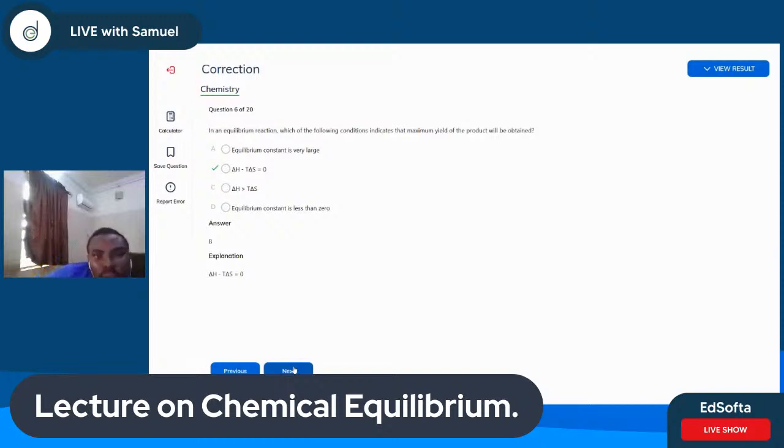In an equilibrium reaction, which of the following indicates the maximum yield of the product will be obtained? Yes, that is when delta H minus delta S is equal to 0.